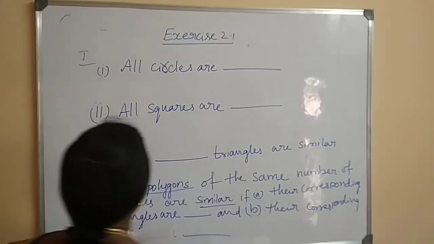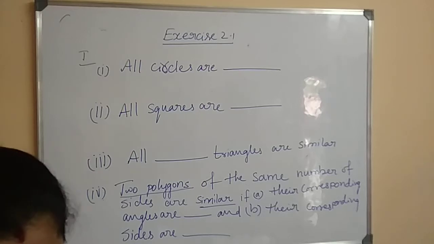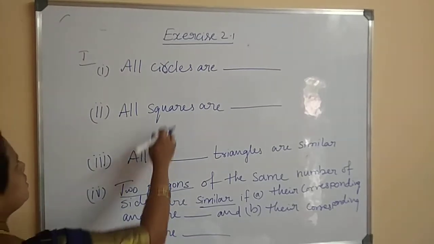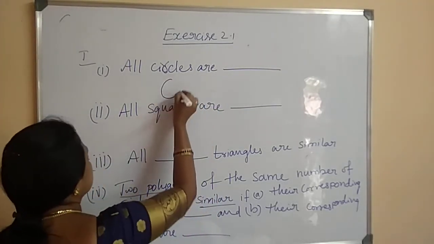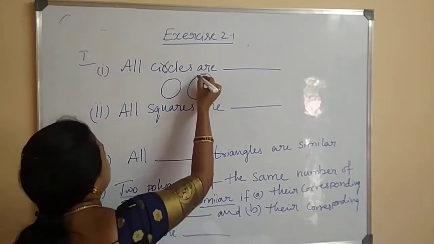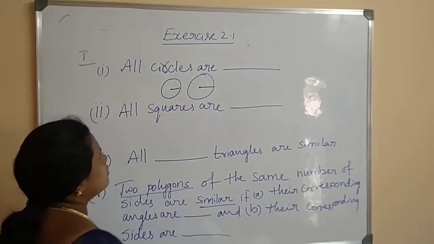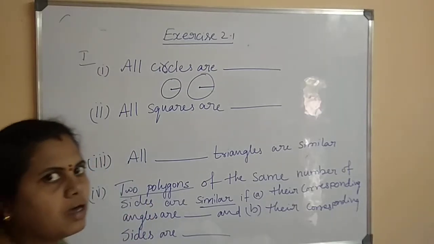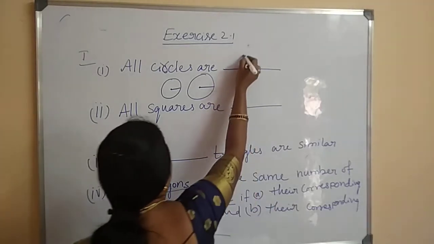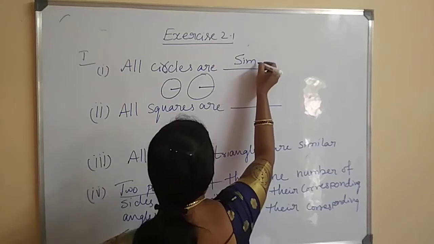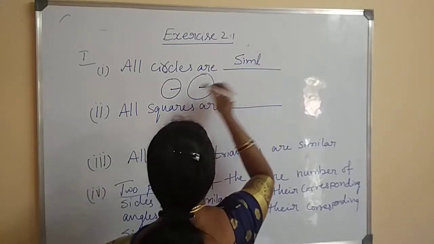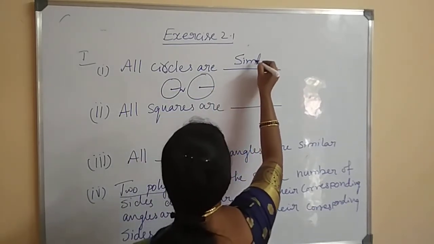See here, all circles are, always all circles, whatever the circle, either big or small. See, all the circles with the different radii also, they are similar. If they are same in shape means it's enough, they will become similar.